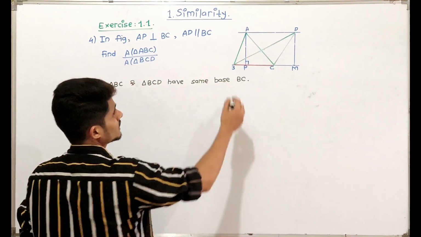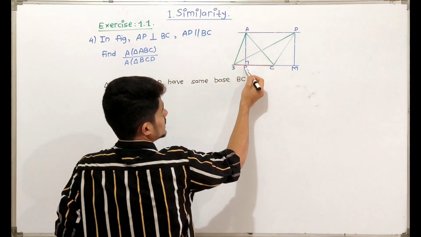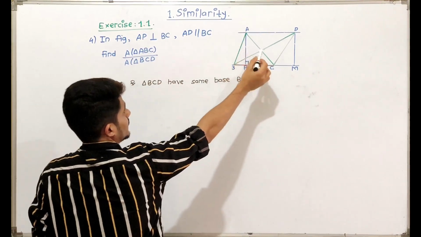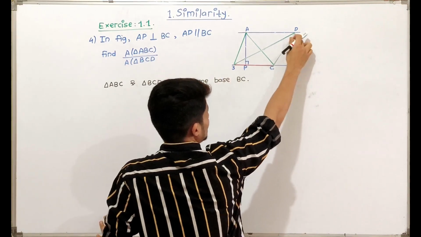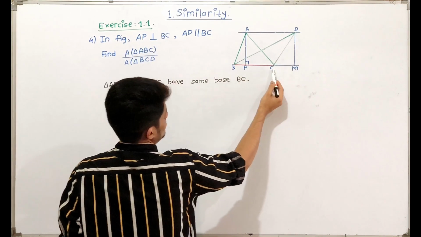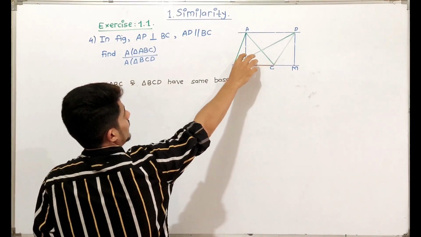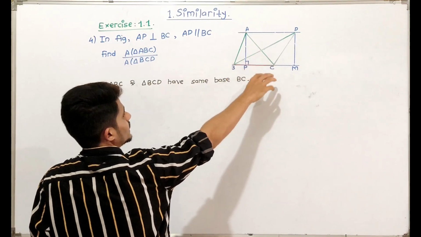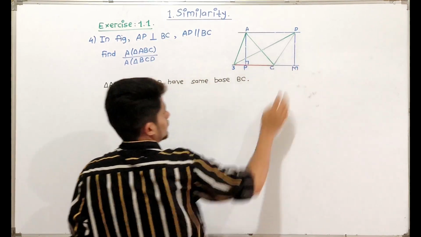So if you see, AP is the height of triangle ABC and we have to take DM as the height of triangle DBC. So we have the height of triangle ABC as AP and height of triangle BDC as DM.